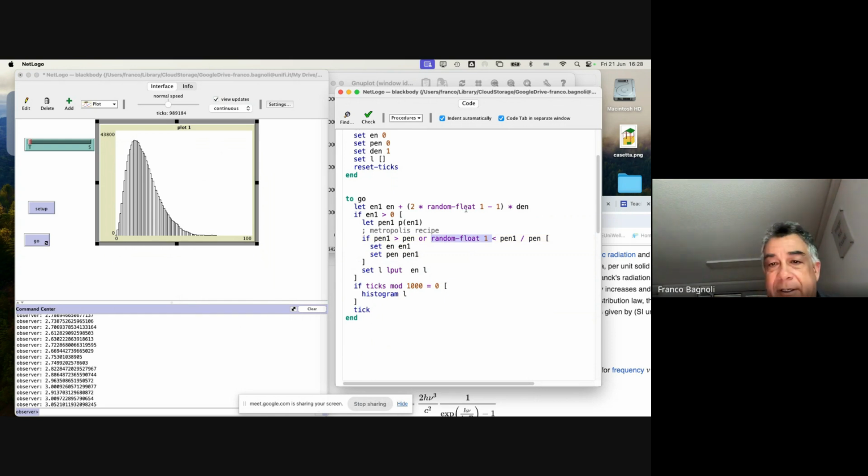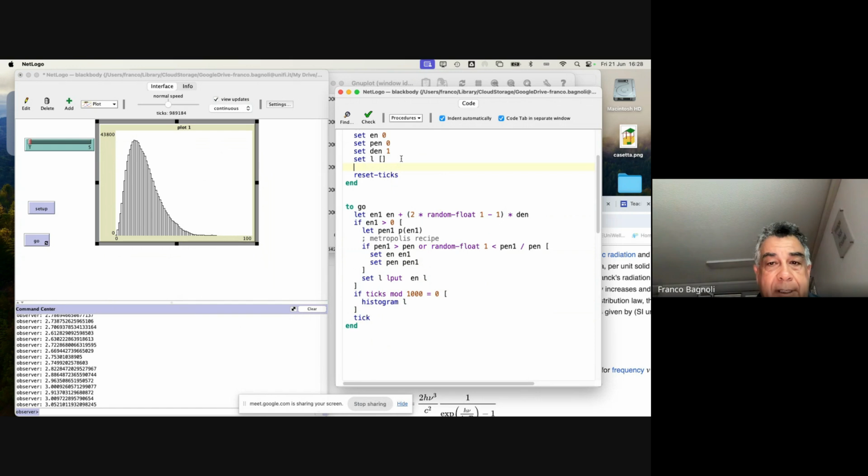If you accept all these random numbers, you have a flat distribution. If you are refusing everything, you are not moving. So let's monitor the acceptance rate so that we can tune this.